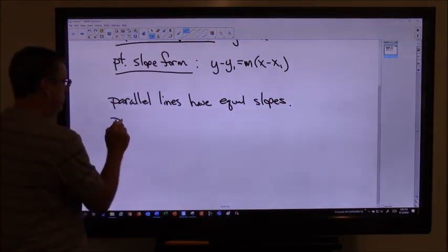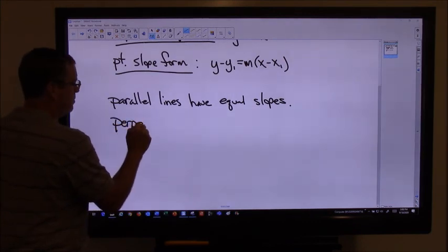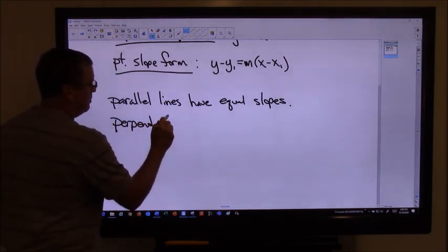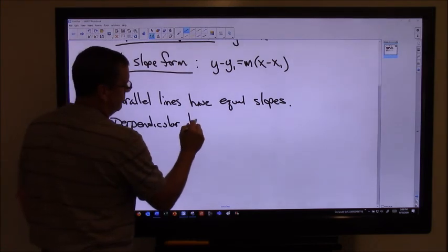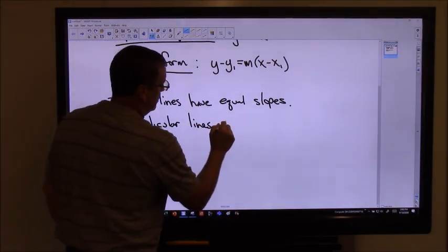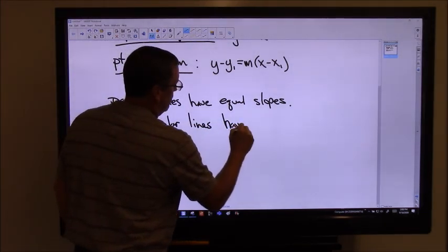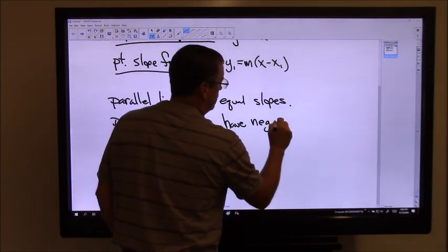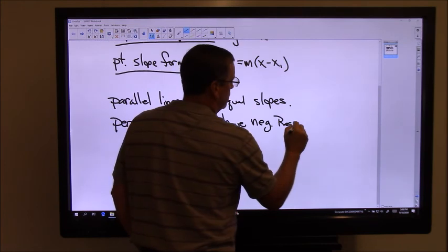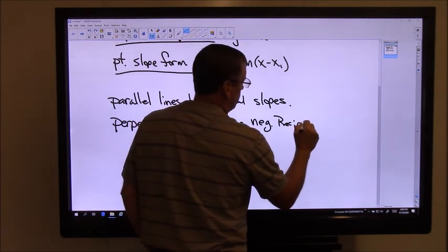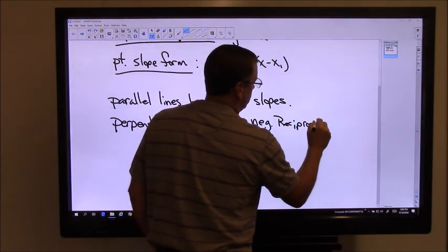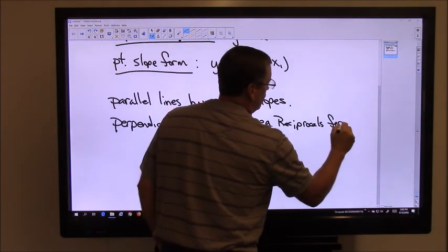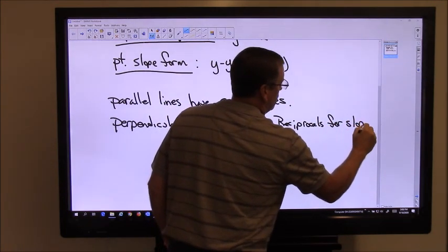And perpendicular lines have negative reciprocals for slopes.